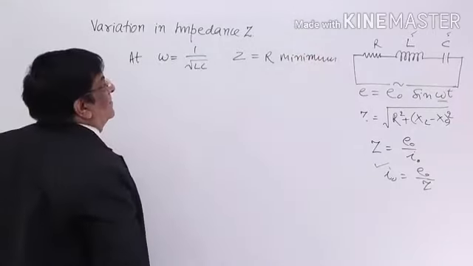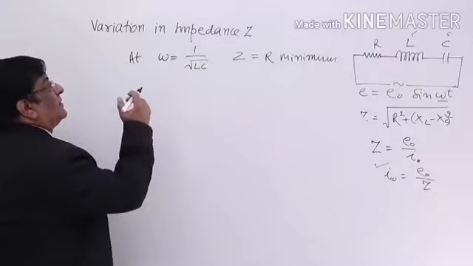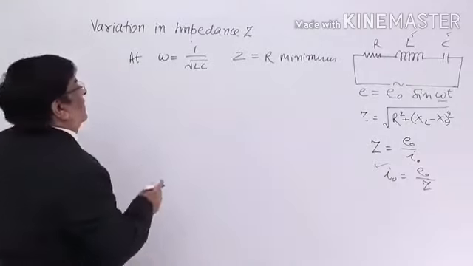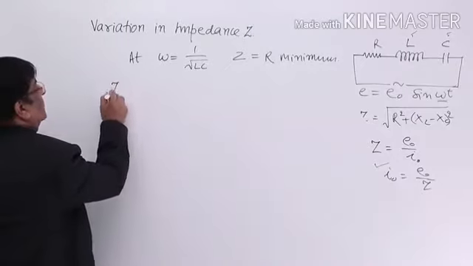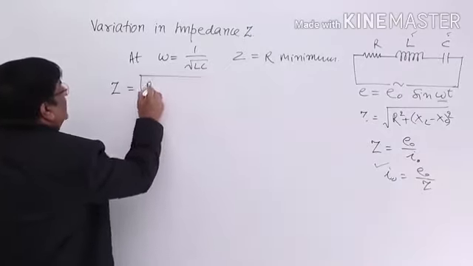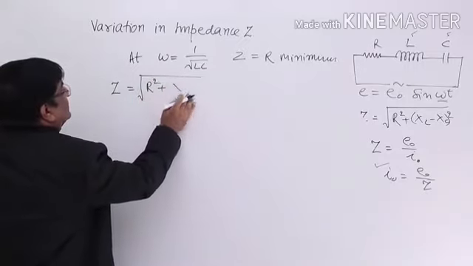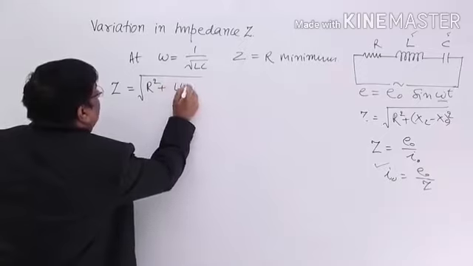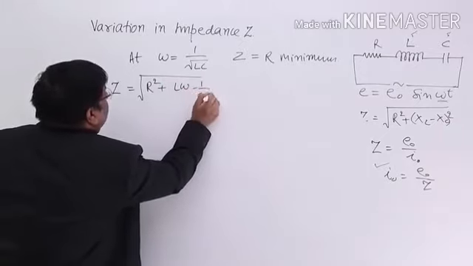R is minimum. Now suppose we choose a higher frequency, then what will happen? The formula for Z is root of R square plus (XL minus XC) square, where XL is L omega and XC is 1 upon C omega.